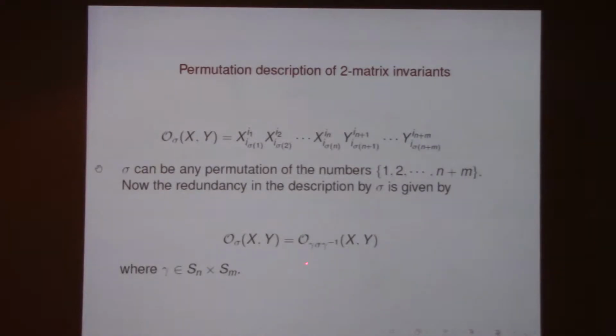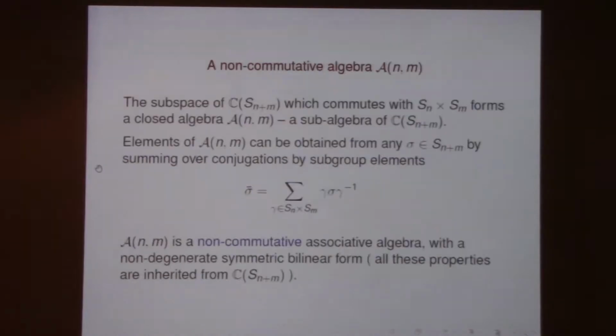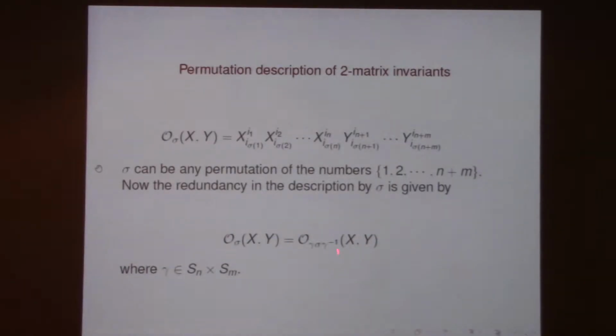The gamma is something in S_n cross S_m, so it includes permutations that mix the x's with the x's, the y's with the y's, but not the x's with the y's. So this is how you can describe a general two-matrix invariant. So the key thing here is what is the equivalence? It's a bit like conjugation, except you're conjugating by a subgroup.